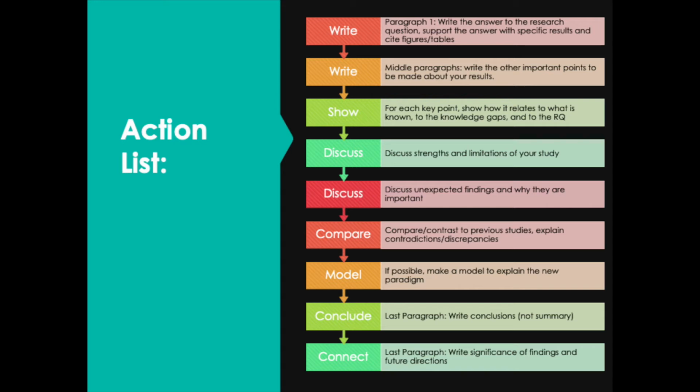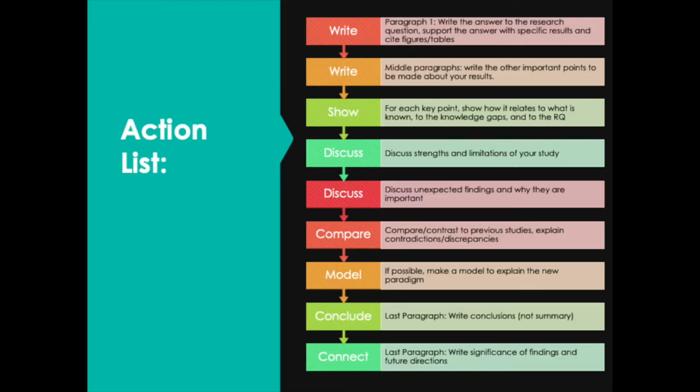And discuss how each result relates to the knowledge gaps or to the research question. Also, you're going to work in a discussion of the strengths and limitations of your study. That might be a standalone paragraph, or you might work that into various parts of the discussion, but be sure you have that included. Discuss any unexpected findings and why they're important.